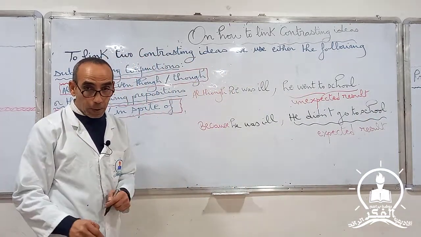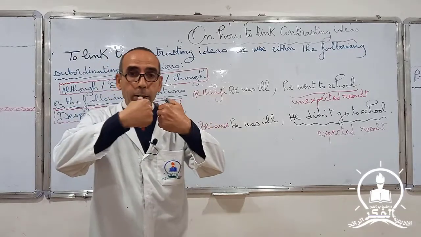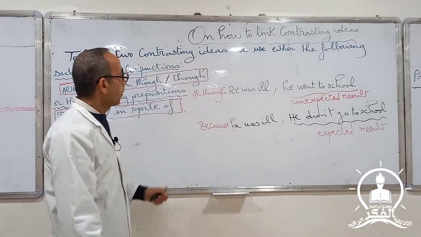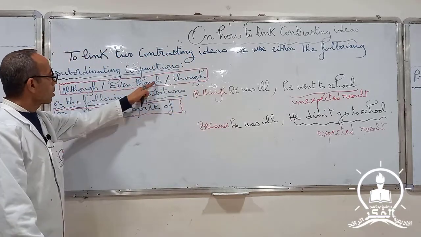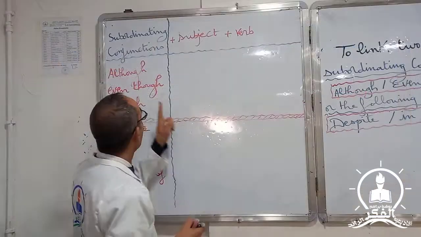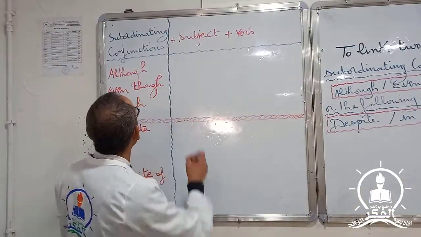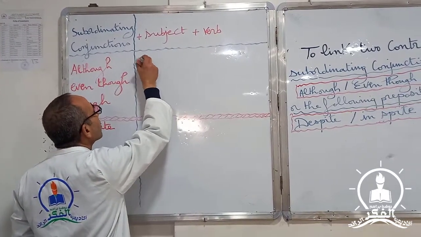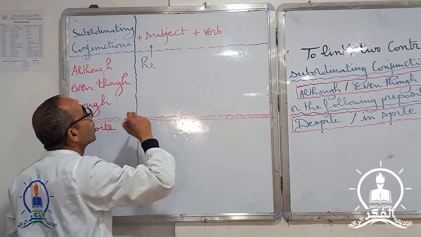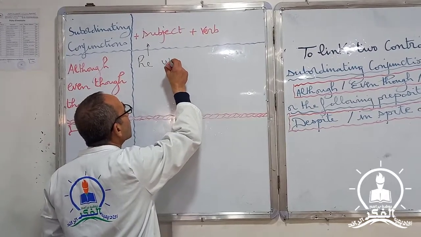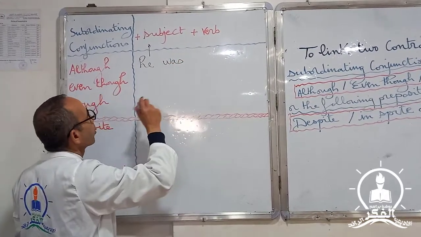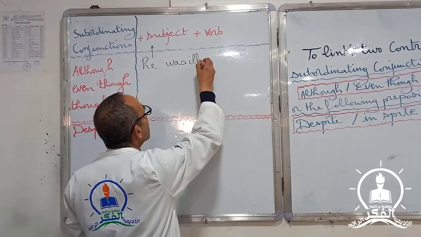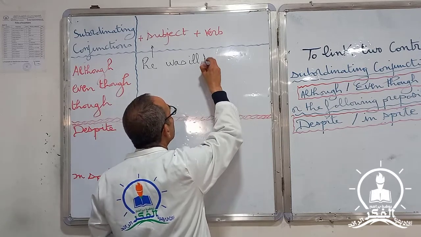It means to link two contrasting ideas, we have to use one of these words. We write this sentence here. Although he, we use a subject, was is a verb. Although he was ill, he went to school.